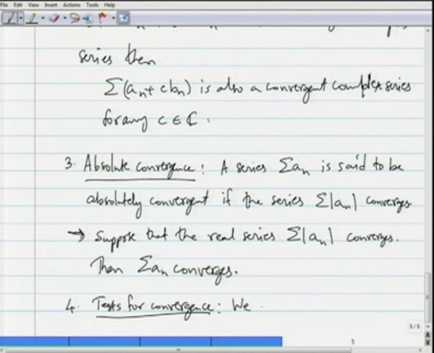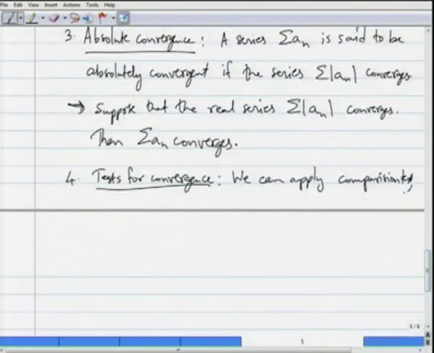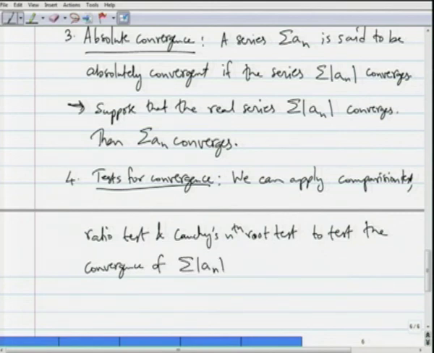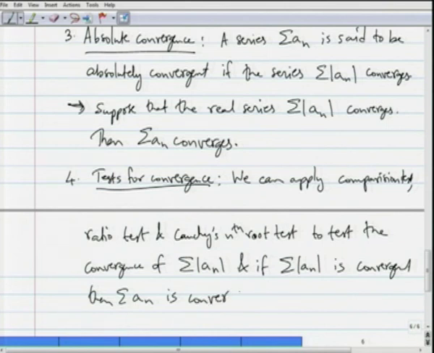So, we can apply the comparison test, ratio test, root test and Cauchy's nth root test, to test the convergence of sigma absolute a_n, or sigma modulus a_n, and if sigma absolute a_n is convergent, then sigma a_n is convergent by the above, by property 3, by what we have just said.